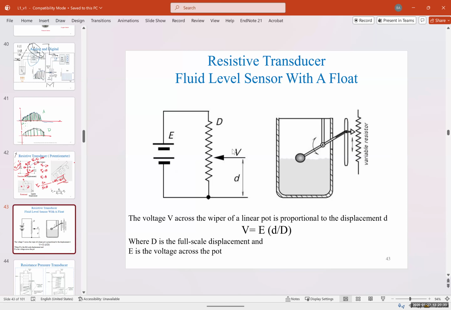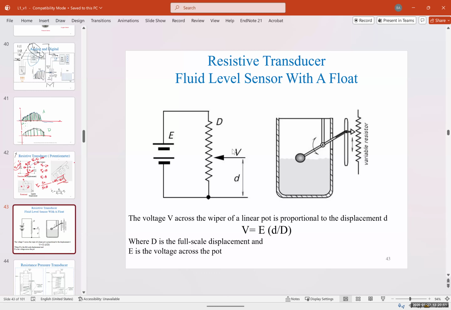Now, this is a very common, popular type of sensor. It's called the fluid level sensor with the float. Basically, you have a floating ball attached to a rod, and at the end, it's attached to a variable resistor.